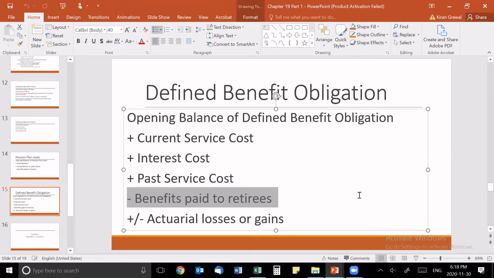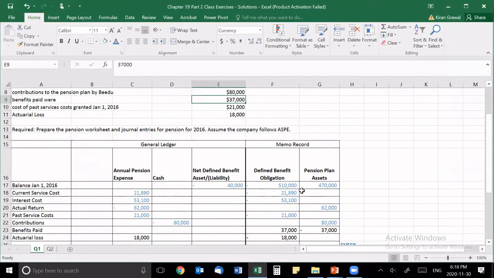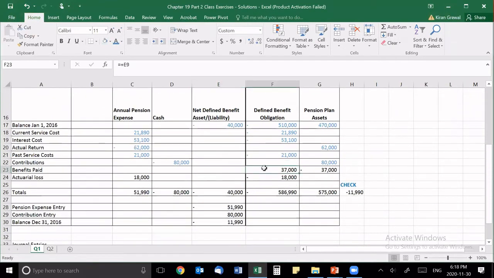So if something gets subtracted from a liability or decreases your liability, that's going to be a debit to your liability. So here, 37,000, we're going to debit it from the liability amount because it's going to reduce our liability, and we're going to credit it from the asset amount because it's going to reduce our asset as well.